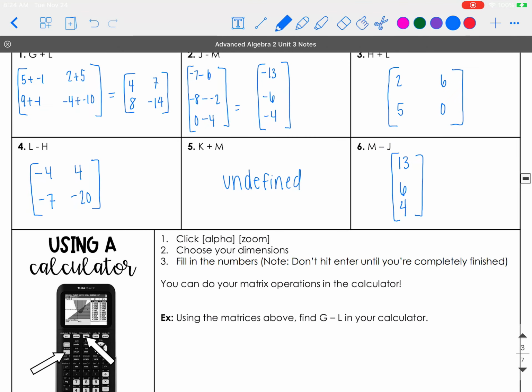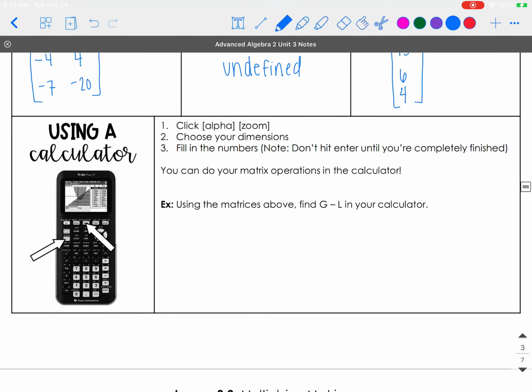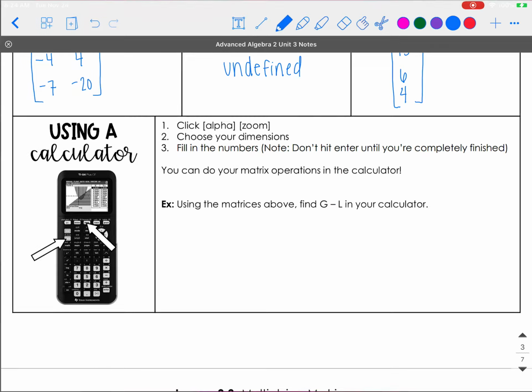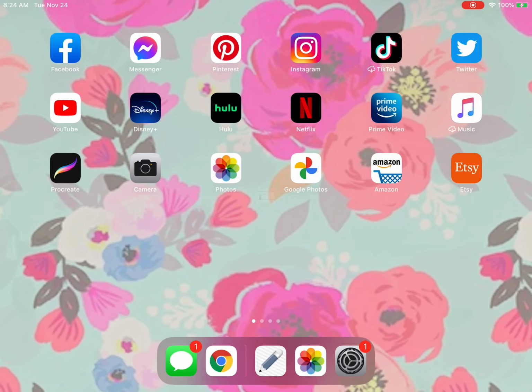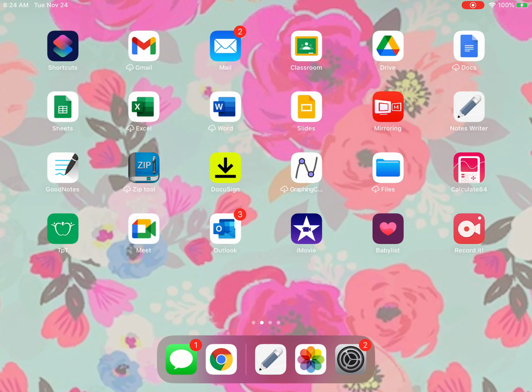All right, so there's actually a way to do these in the calculator pretty easily. And so I am going to flip over to the calculator on my iPad so I can show you how to do it. And hopefully you can tell by the pictures in the instructions.